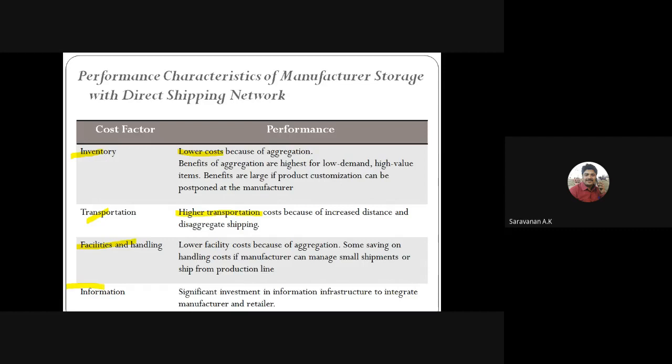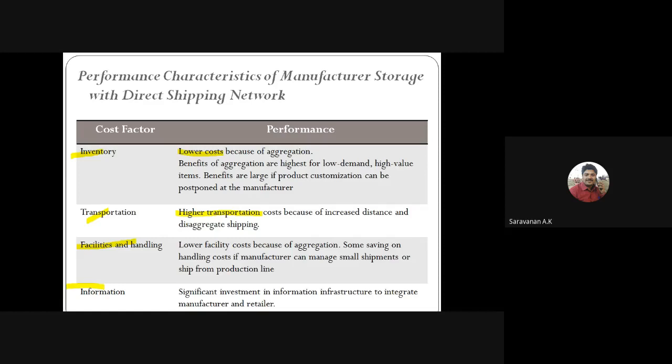Then for the information, significant investment in the information infrastructure is required to integrate both the manufacturer and the retailer. Why? Because the customer has to communicate with the retailers, and the retailer has to communicate well with the manufacturer.